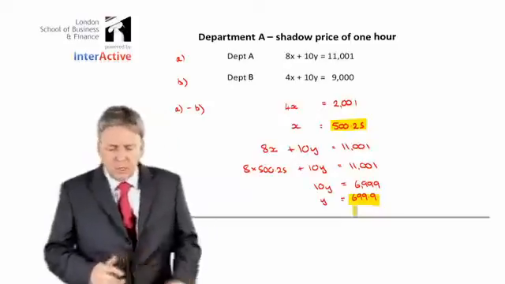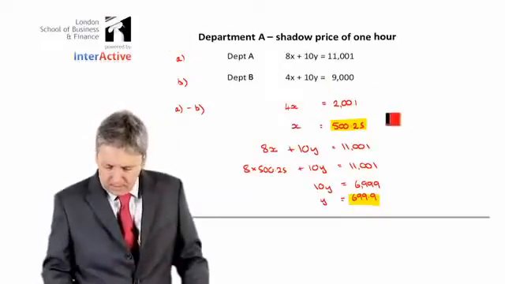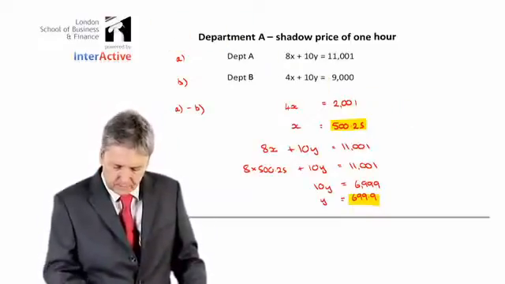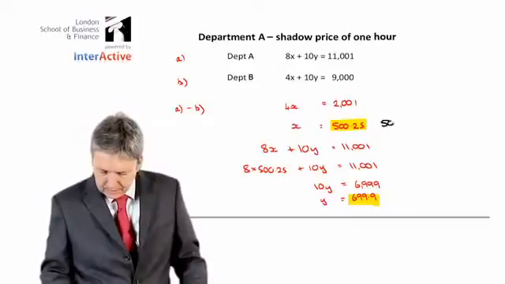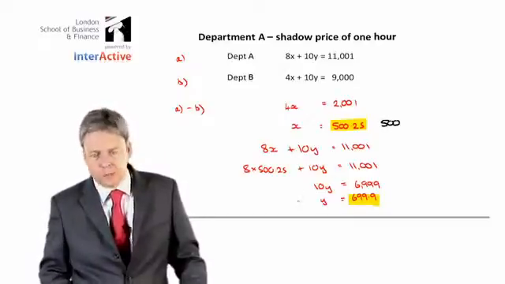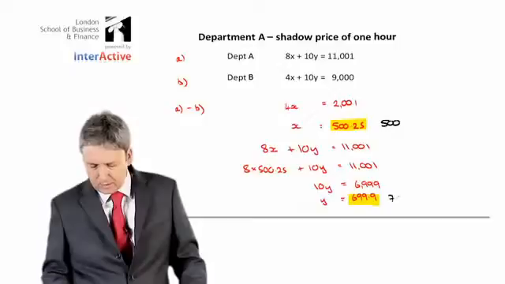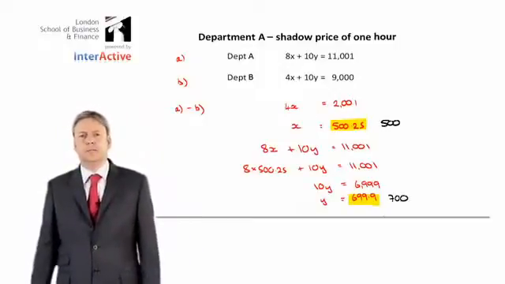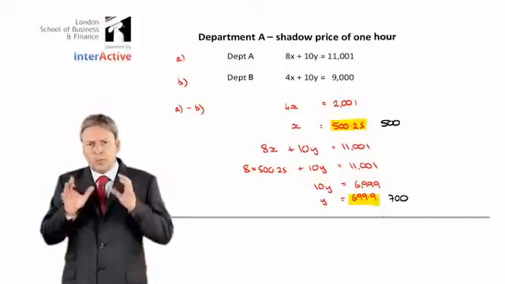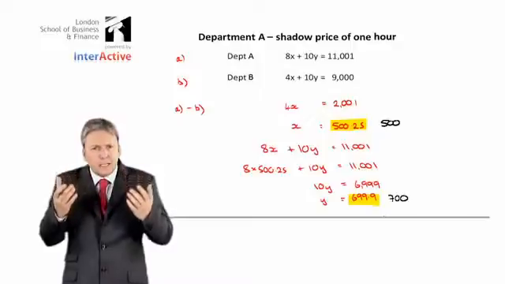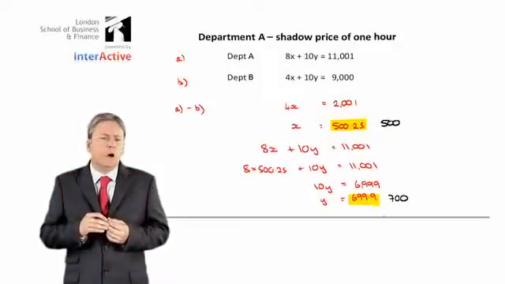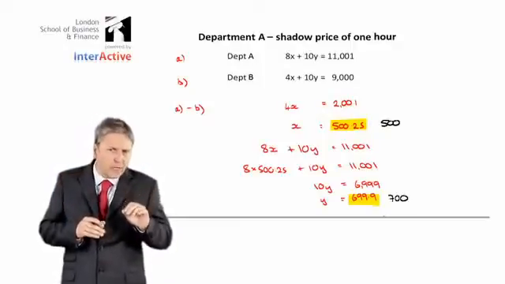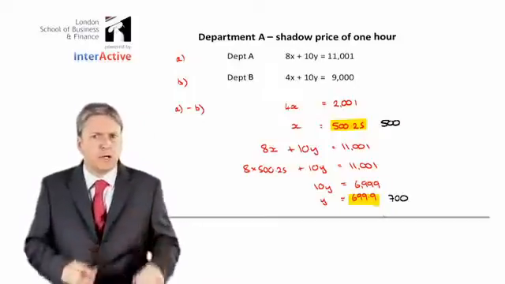What we're seeing is that before we had 500 units of x, and now we've got 500.25. Before we had 700 units of y, and now we've got 699.9. So, it's quite a complex idea, this. What's happened is that we've ended up with a little bit more of x, a little bit less of y.